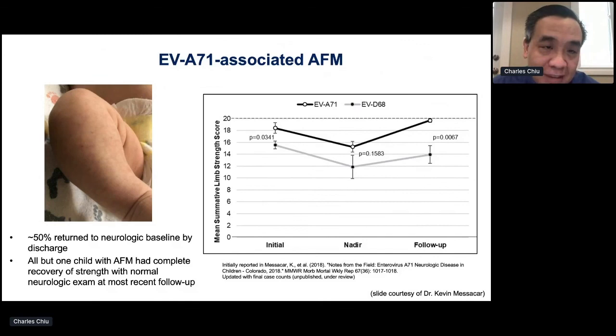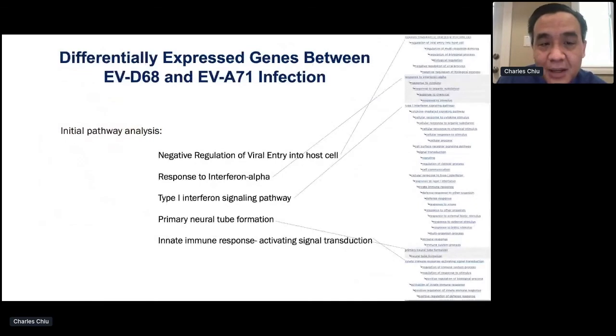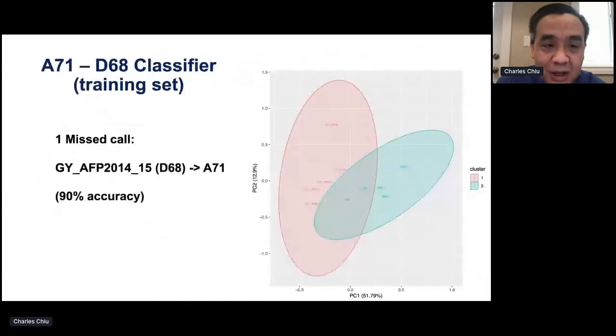A child who has enterovirus A71 associated AFM very likely will return to baseline, will recover significantly, if not fully, with time, whereas those infected with enterovirus D68 usually have a much poorer long-term prognosis. So we've been able to identify differentially expressed genes in spinal fluid that can distinguish between D68 and A71 infection.